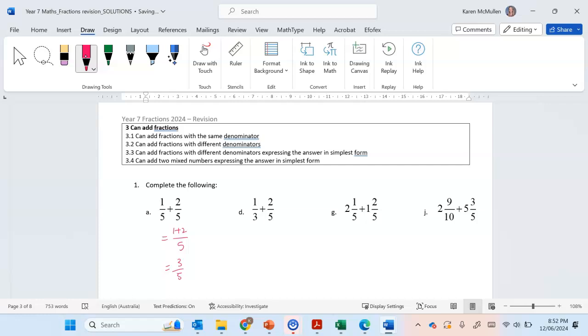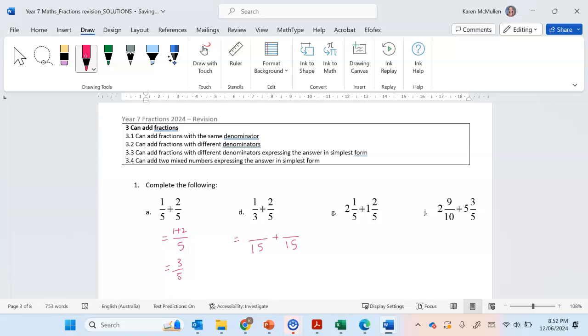All right, looking at question D, we have different denominators. So we do need to change these fractions, and you can change them hopefully to the simplest. So having the lowest common denominator, not the simplest fraction though, but the lowest denominator, which is 15. If you're ever unsure, just multiply your denominators together, 3 times 5, and often you get the lowest one, but not always.